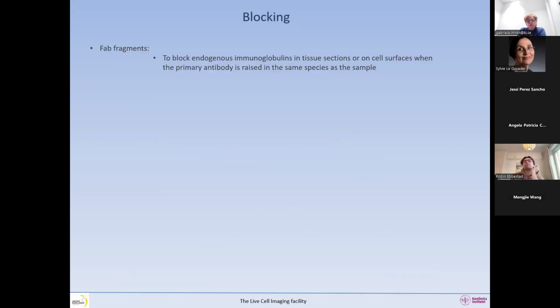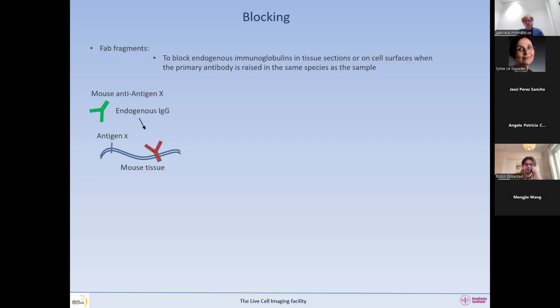Fab fragments can also be used, as I mentioned already in the first part of my talk, and they are actually highly used to block endogenous immunoglobulins in tissues or on the cell surface. For example, when the primary antibody is raised in the same species as the sample. And here I give you an example.